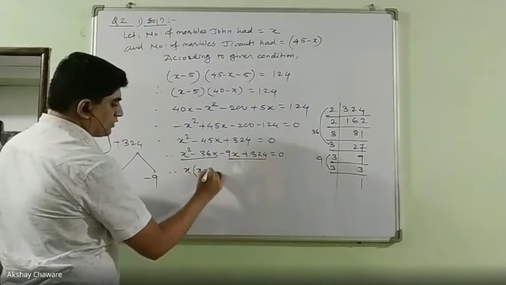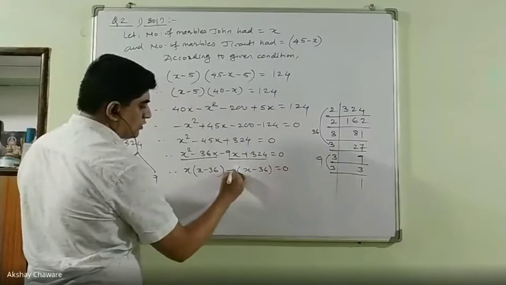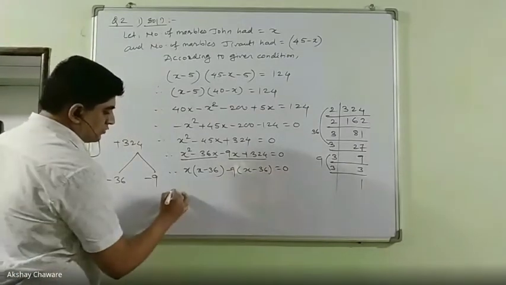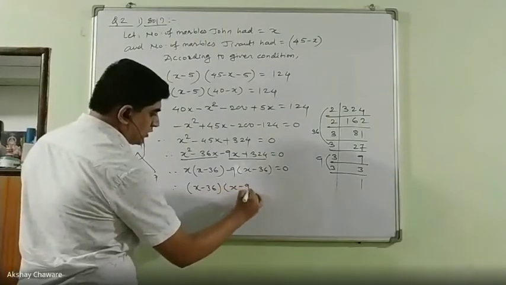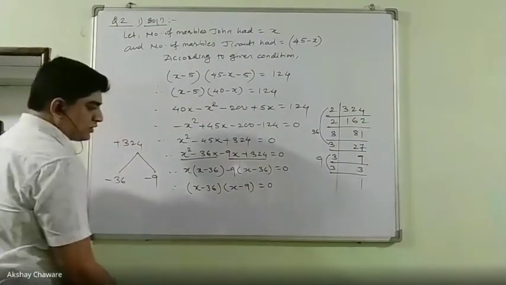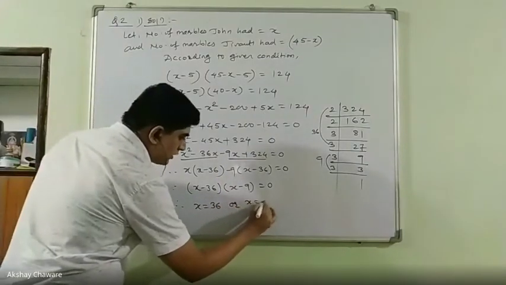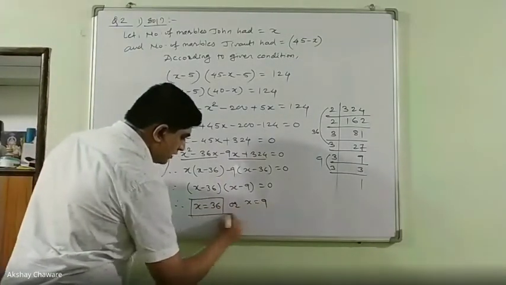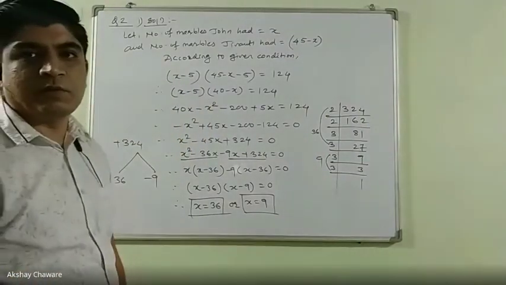So x into x minus 36, again x minus 36 equal to 0, and then it is minus sign. Therefore the first bracket is x minus 36, the second bracket is x minus 9, equal to 0. So x is equal to 36, or x is equal to 9, by equating these two brackets with 0.